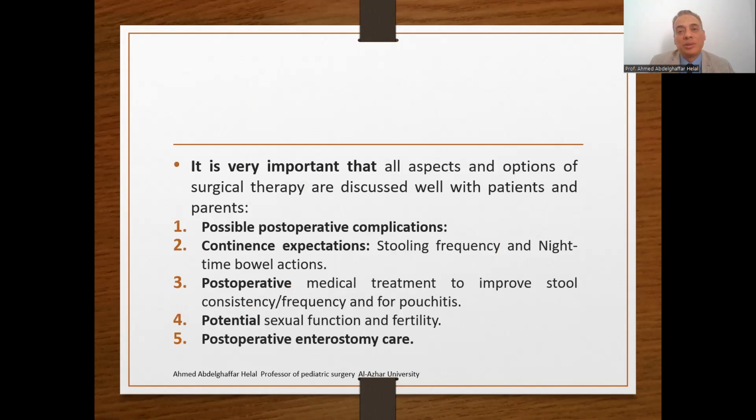It's very important that all aspects and options of the surgical therapy are discussed with the patient and parents regarding the possible post-operative complications. What about the continence expectation? What about the post-operative medical treatment to help increase the stool consistency? The child will stop corticosteroids, yes, but may replace this treatment with another form of treatment.